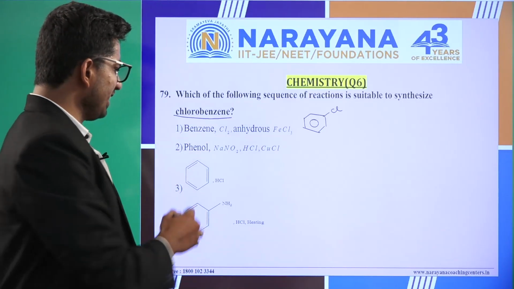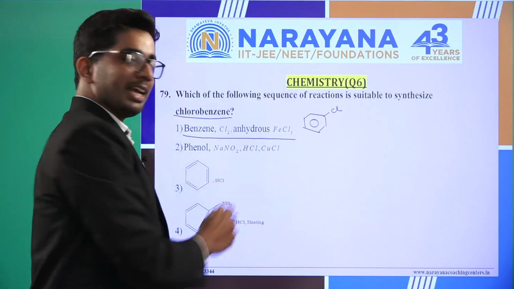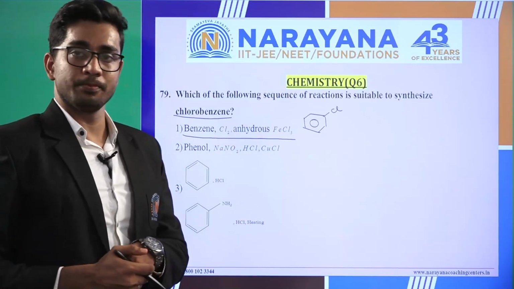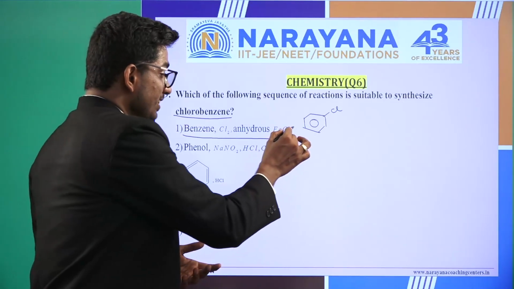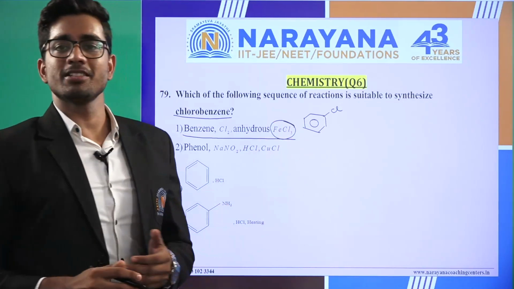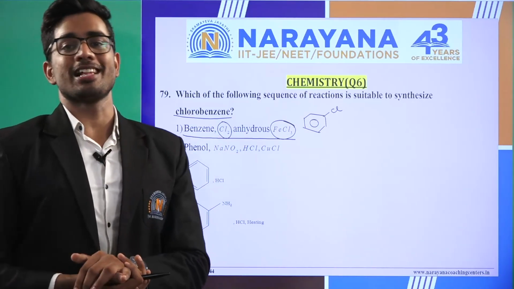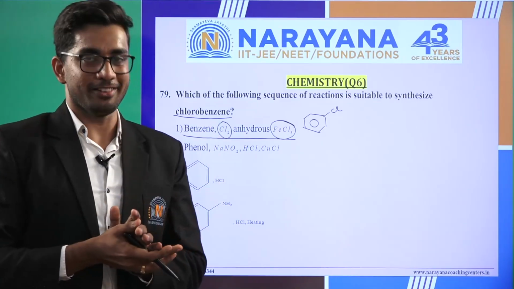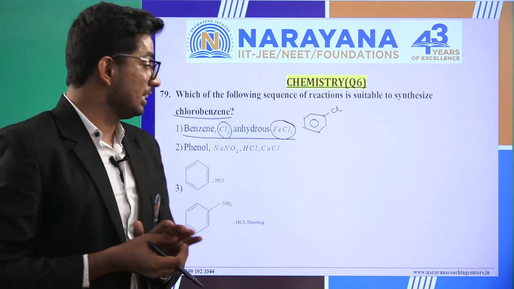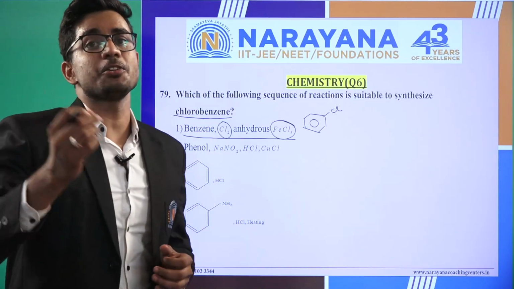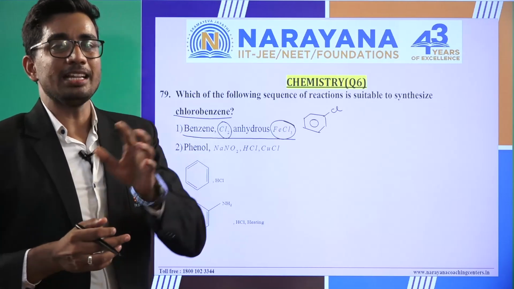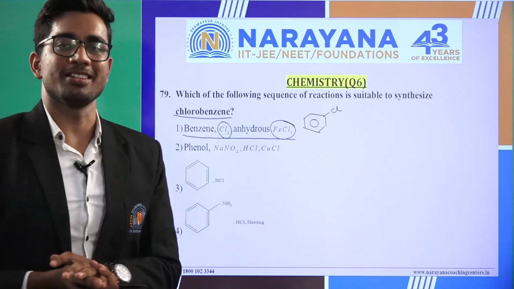So first of all, it is benzene with chlorine and anhydrous FeCl3. As you all know, FeCl3 is a Lewis acid, and we have Cl2 with Lewis acid. We have seen it somewhere, right? We have seen it in electrophilic aromatic substitution, where chlorine gets substituted on the benzene ring.